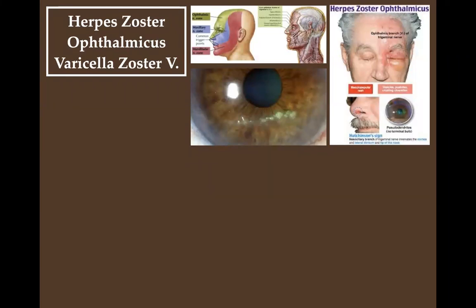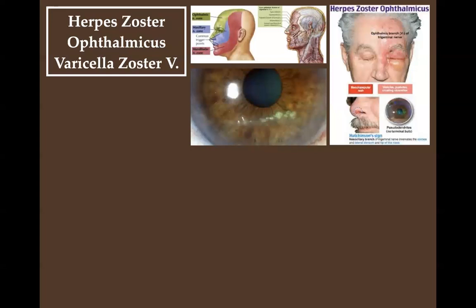Herpes zoster ophthalmicus, varicella zoster virus, you can find elsewhere than the common presentation of herpes simplex, but it should be associated with skin disease, including the distribution of the ophthalmic nerves.